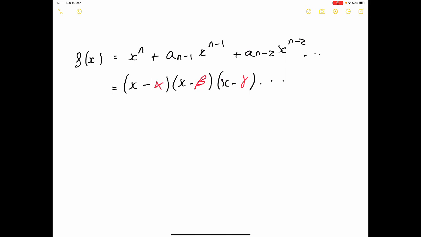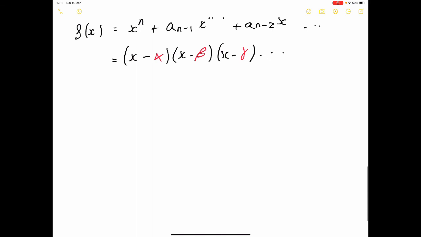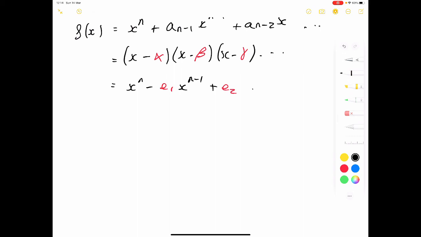And that's how we factorise it, and that can also be written as x to the n minus E1 x to the n minus 1 plus E2 x to the n minus 2, and so on until we get to plus minus 1 to the n times En.